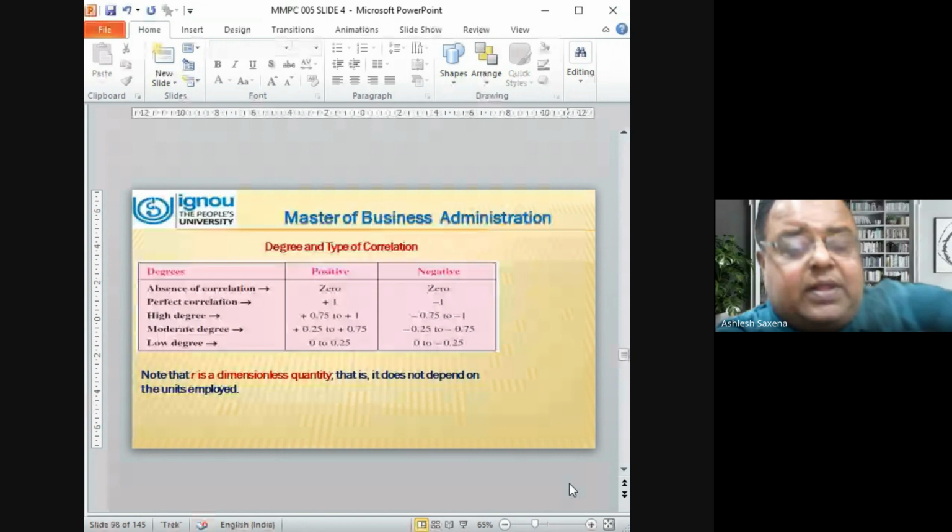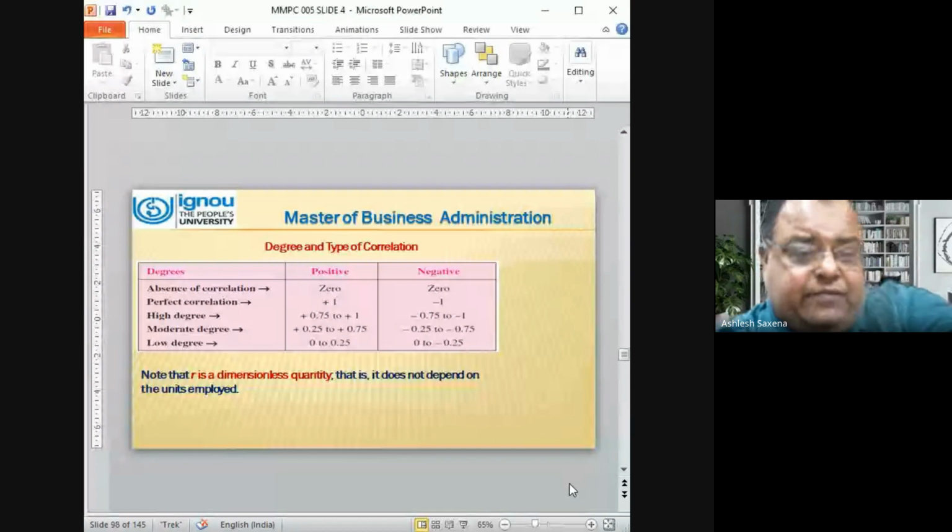So you have to remember this. What is the extent of relation? If there is no relation, that means absence of correlation.